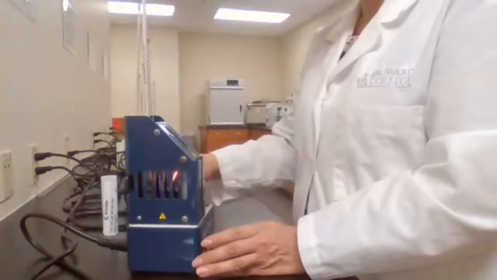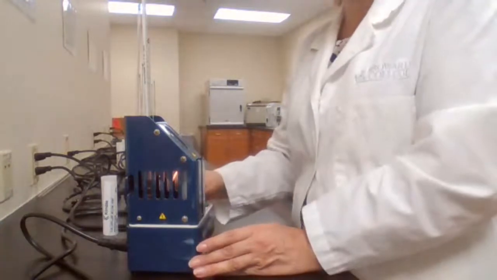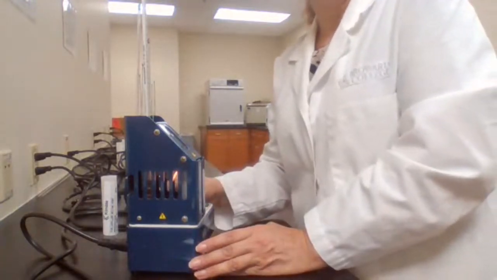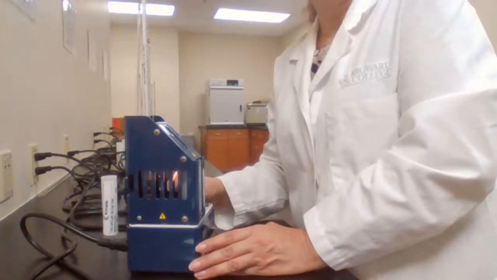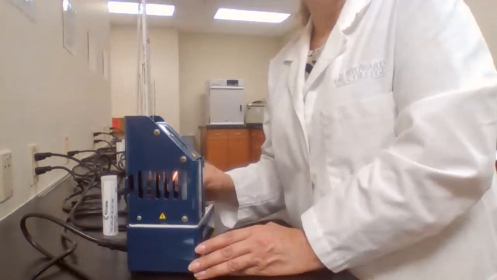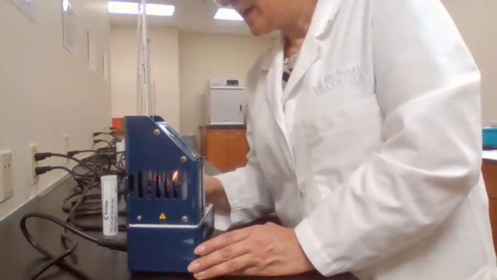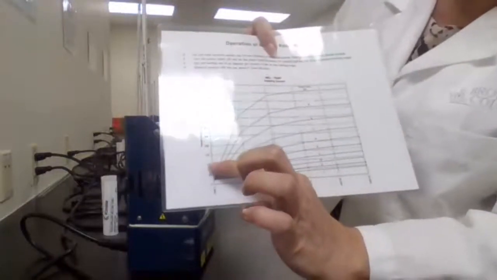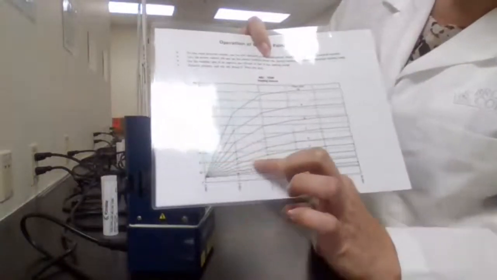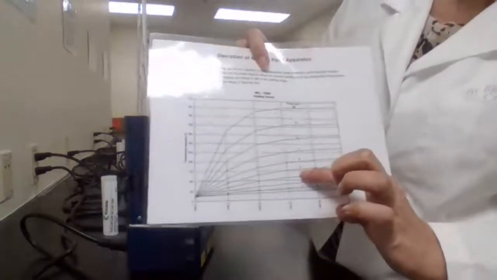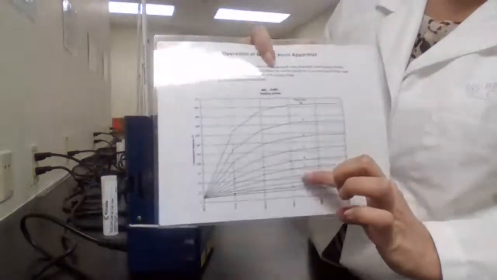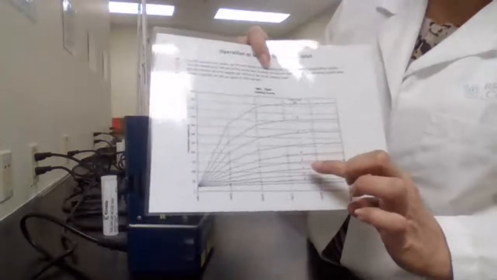What should be the setting? Do you remember from lab 1 what the setting should be? If the melting point, which I already know is 113 to 114, is between 100 and 150 on this chart, then the setting should be between 4 and 5.